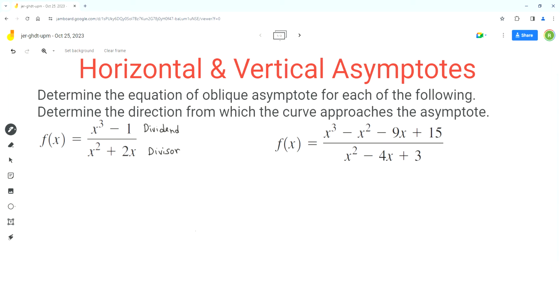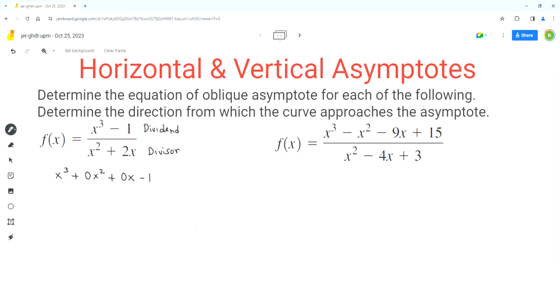So we'll do the setup for long division. We start with the dividend. Now in this dividend, the x squared and the x terms are missing. So to make the long division process easier, we'll introduce the x squared and x terms in this expression as 0x squared plus 0x minus 1.